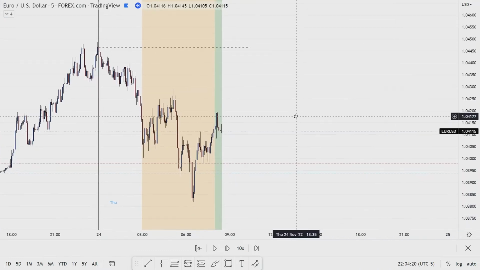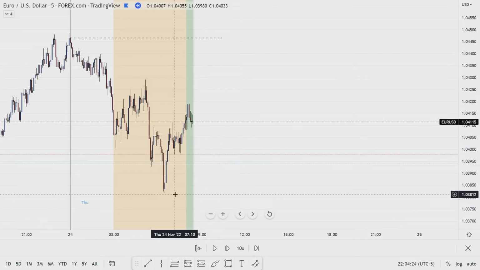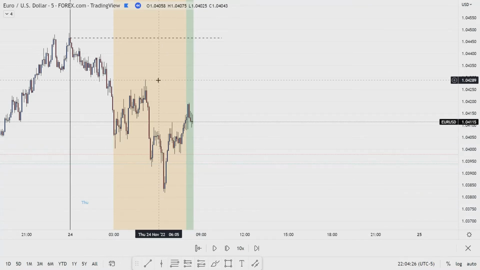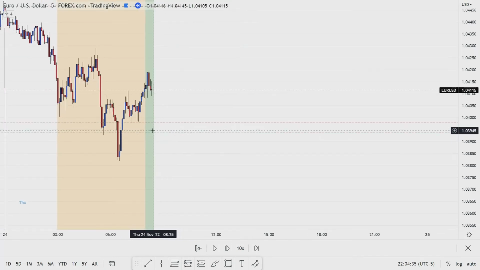As I look at London for Thursday, I can see this high right here as significant for me, and I can see this low significant for me as well for the London.